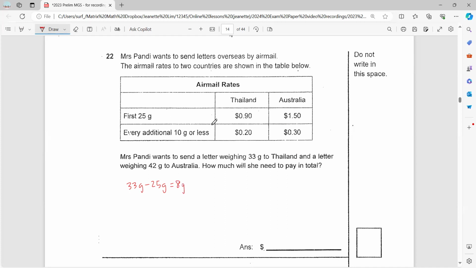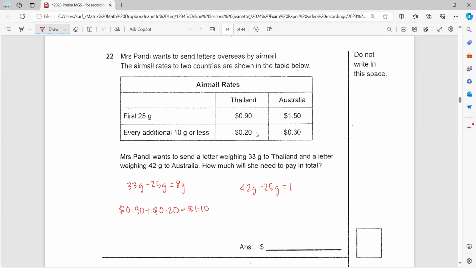So 8 grams, you count it as 10 grams. So every additional 10 will be 20 cents. You have to add 20 cents. So 90 cents plus 20 cents. Okay, so $1.10 for the Thailand one. Then the Australia one, 42 grams. Let's take away the first 25.